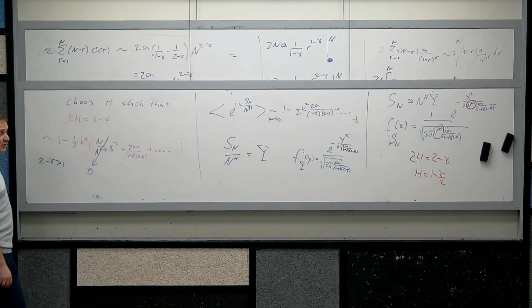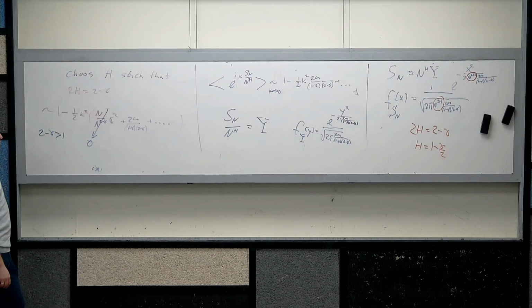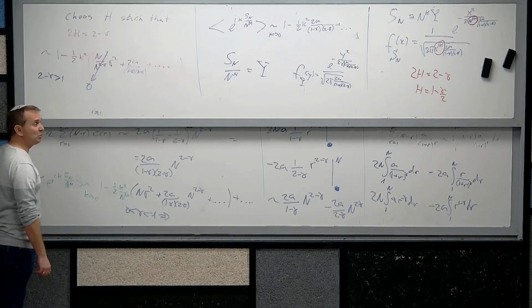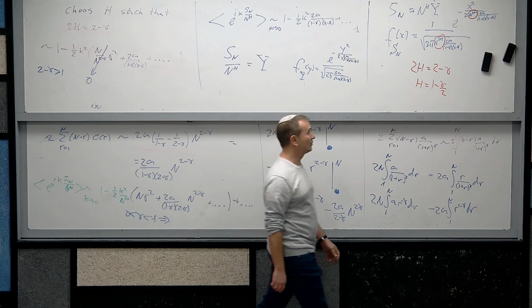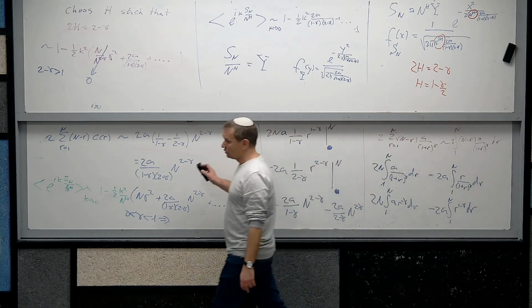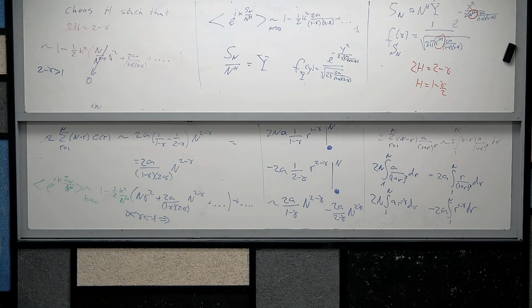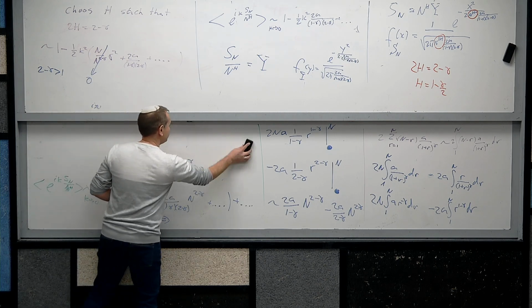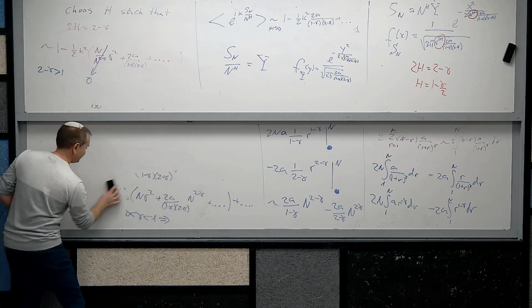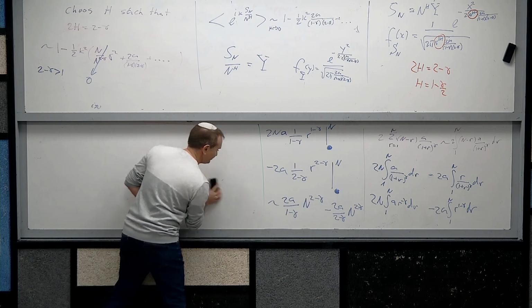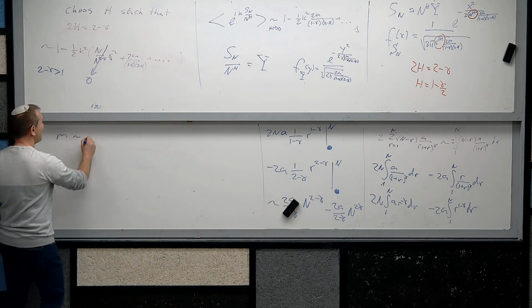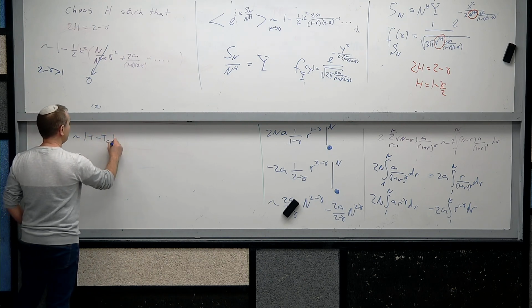So if you remember, critical exponents were specific power law behavior near the critical point. Okay. For example, for magnetization, M goes as T minus Tc to some power minus delta.